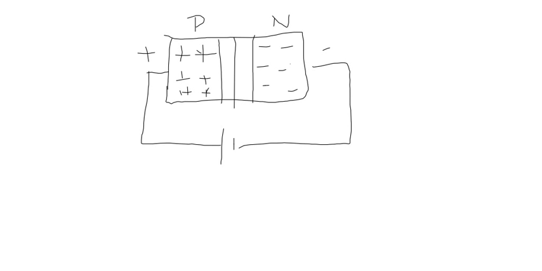Now what that's going to do, the negative charge from the battery is going to repel the negative electrons and push them into the depletion region. And it's also going to attract the positive holes in the P region and pull them into the depletion region, while the plus charge has the same effect. It's going to push or repel the positive holes into the depletion region, and then it's also going to attract the negatively charged electrons.